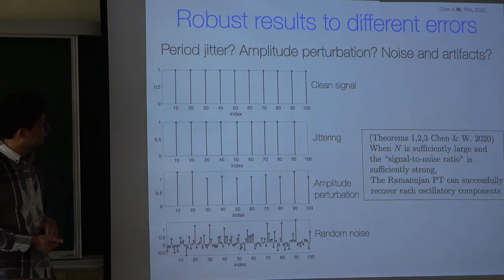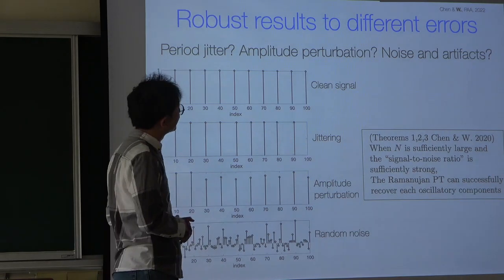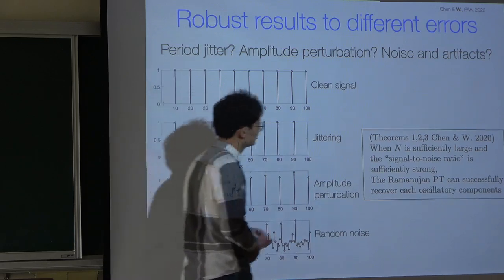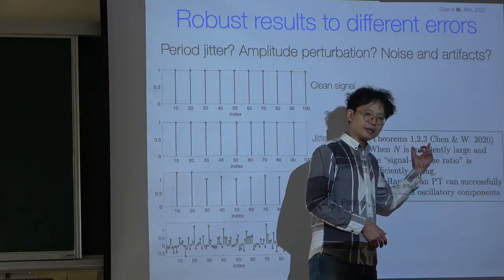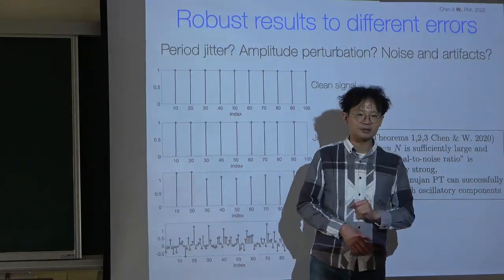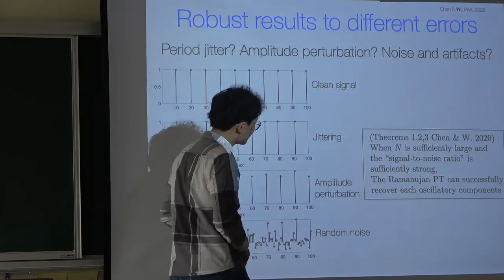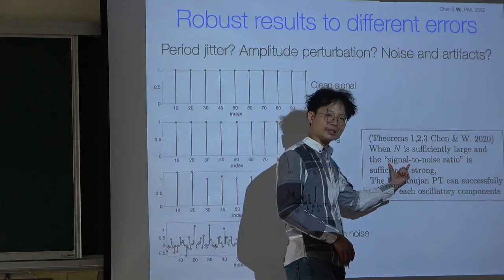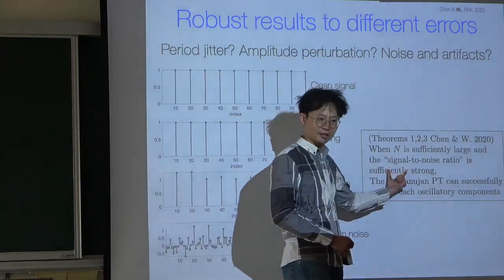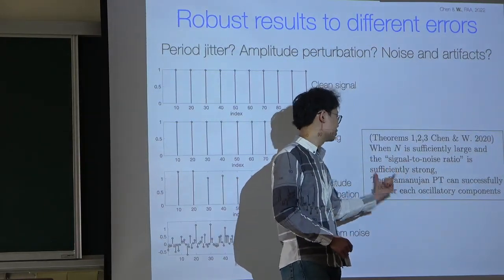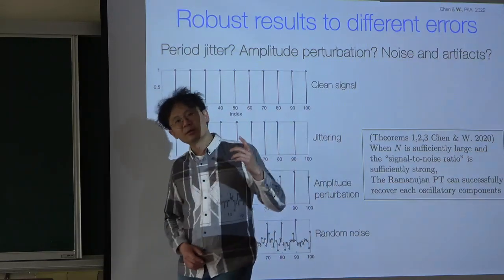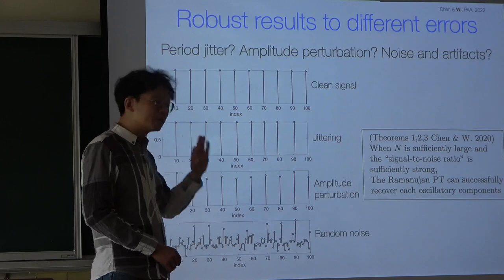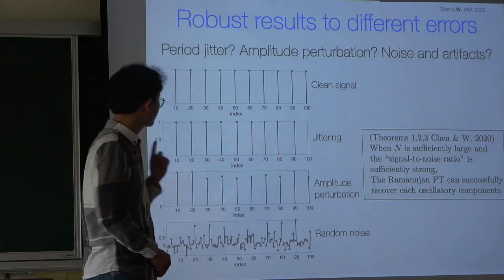The final part of this paper is a sequence of theorems, theorems 1, 2, 3. The theorems say the following. When n is sufficiently large and the signal is not too weak, that is, the signal-to-noise ratio is sufficiently strong, then the Ramanujan periodicity transform is robust to noise.